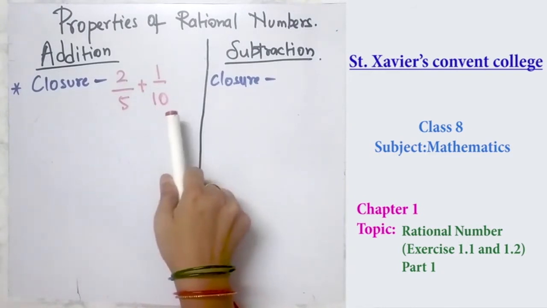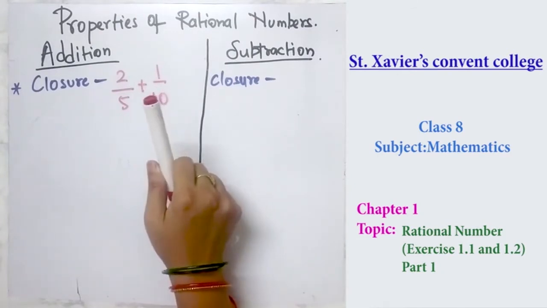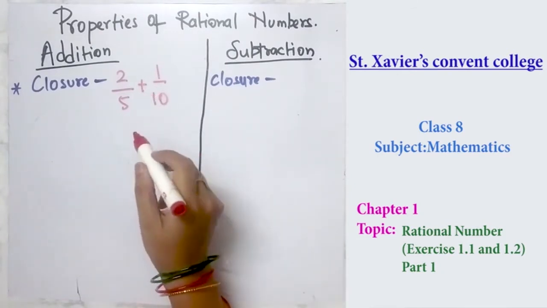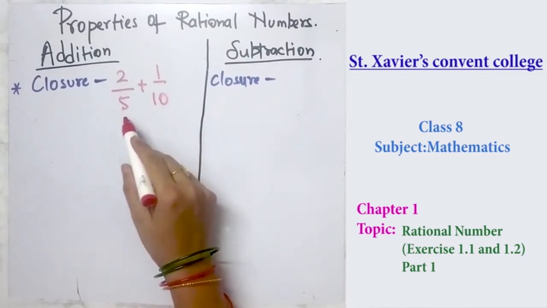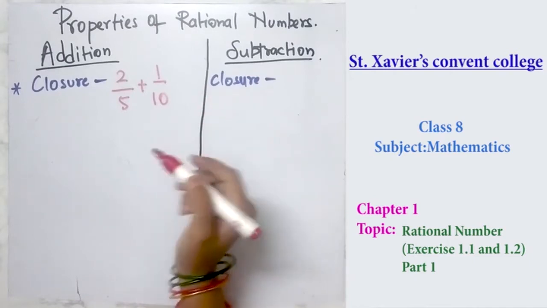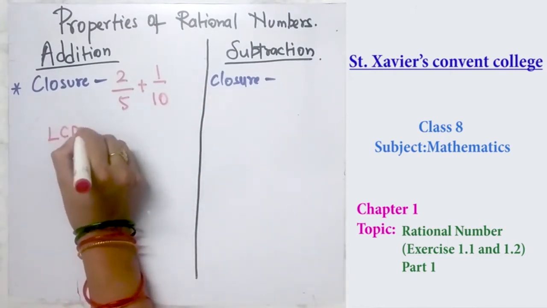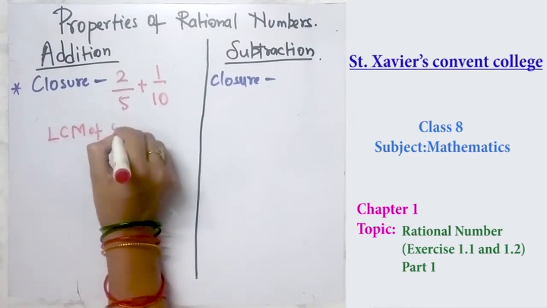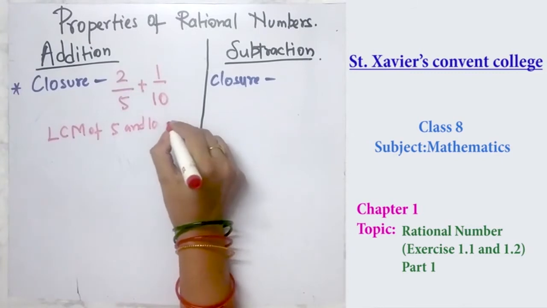First you have to take the LCM. If you take the LCM of 5 and 10, we will have 10 as the LCM. I know you already know how to take the LCM, so I'm not going to explain that.